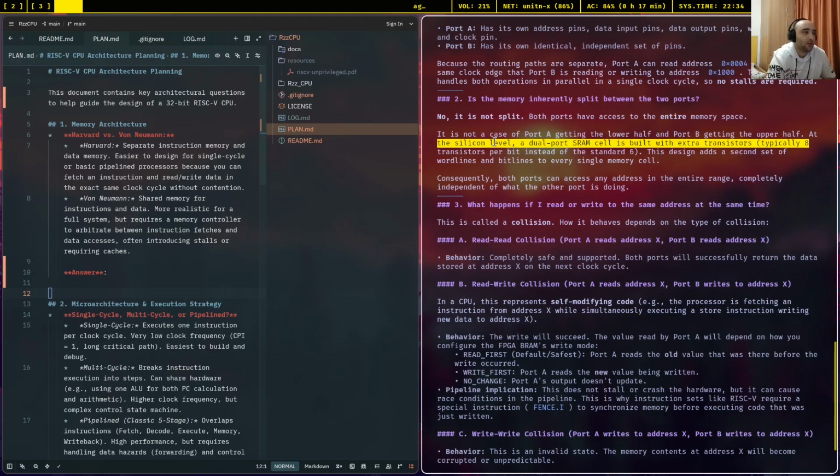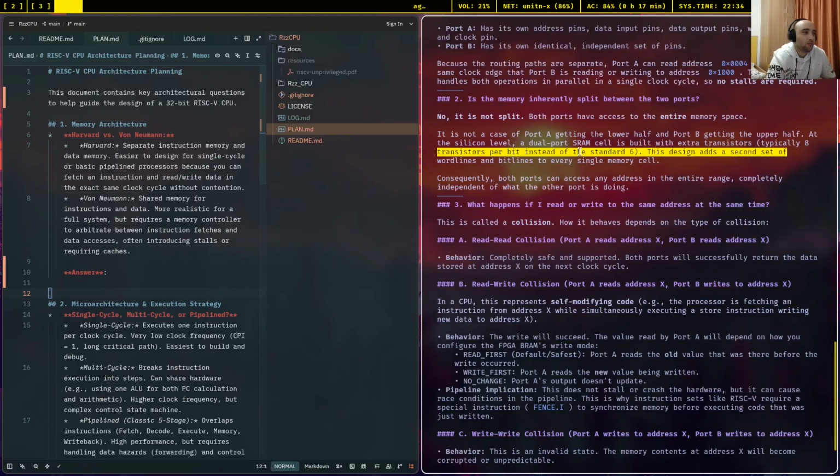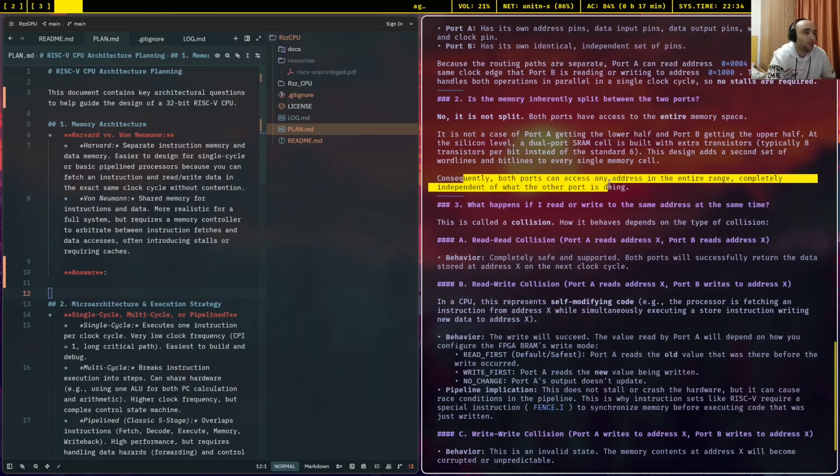At the silicon level, a dual-port SRAM cell is built with extra transistors. It's 8 per bit instead of 6. But yeah, we need to have two memories anyway.